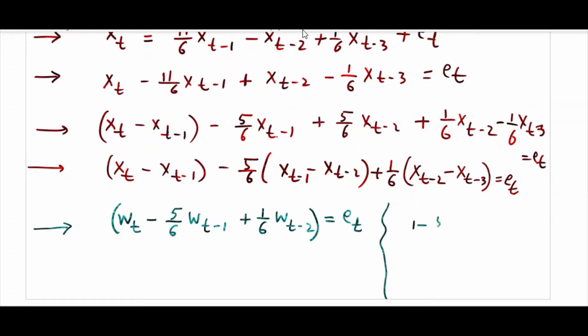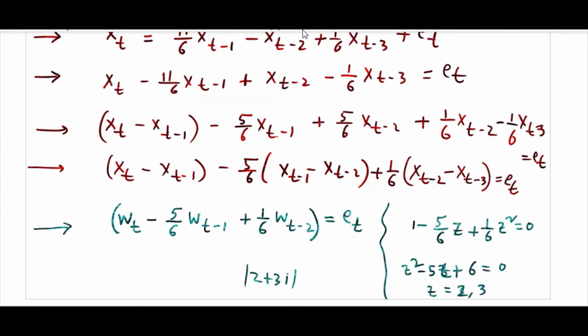We'll solve 1 minus 5 upon 6 z plus 1 upon 6 z square. Then you will get z square minus 5z plus 6 equal to 0. If you solve this, you will get 2 and 3. Both are greater than 1 in magnitude. We don't have complex numbers, so we need not worry. If you get complex roots, you have to take them this way.